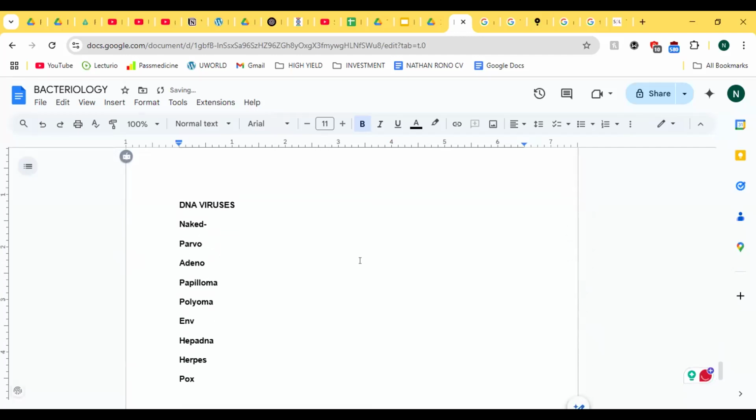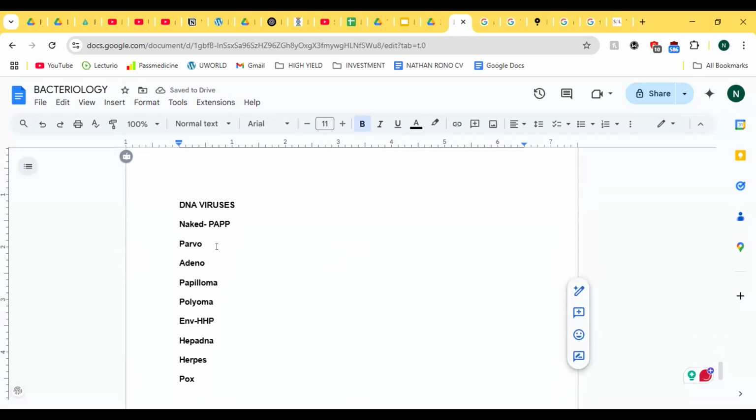Just know that these are the naked viruses, PAP, and here is enveloped, which is HHP.